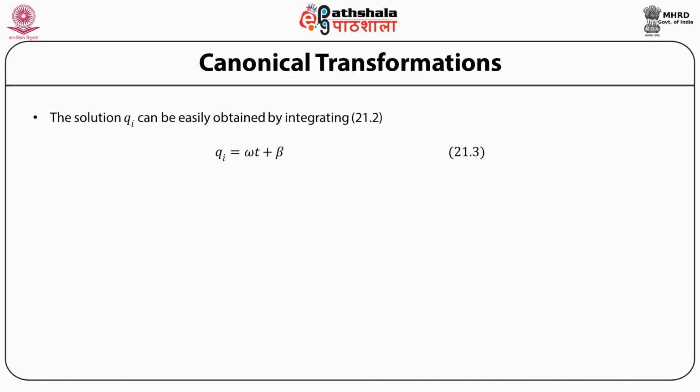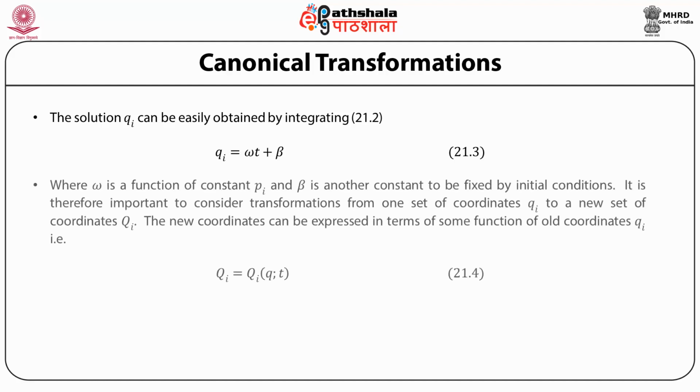The solution q_i of this equation can be easily obtained by integration, and we get q_i equals omega t plus beta, where beta is some constant and omega is a function of the constant p_i, so omega is also a constant. It is therefore important to consider transformations from one set of coordinates q_i to a new set of coordinates written as capital Q_i.